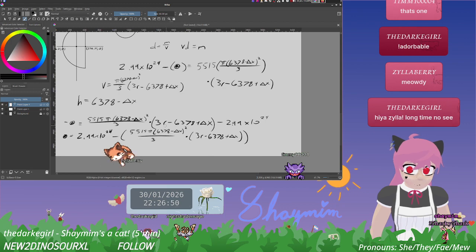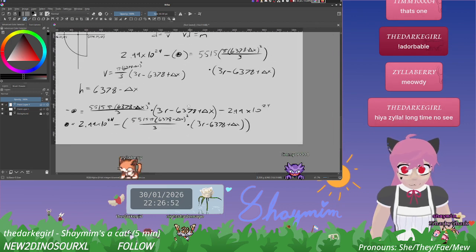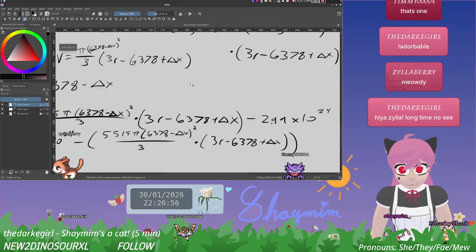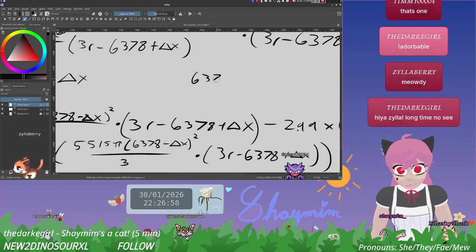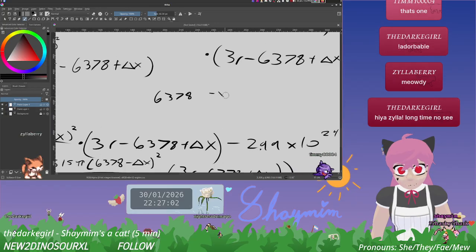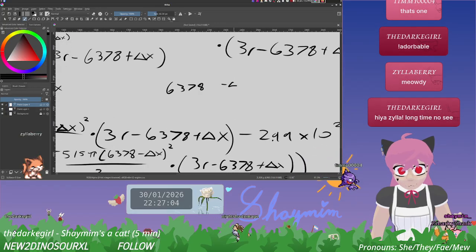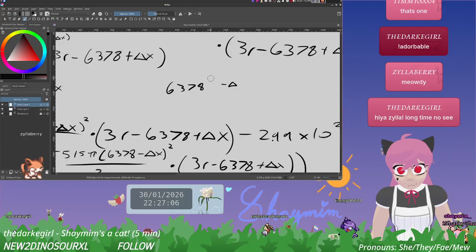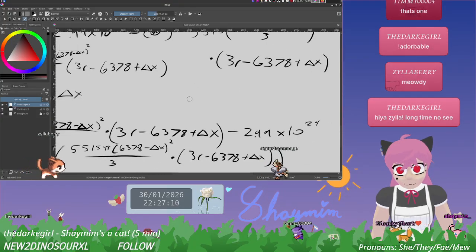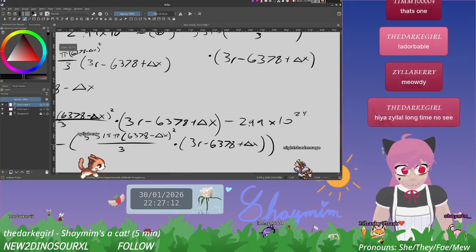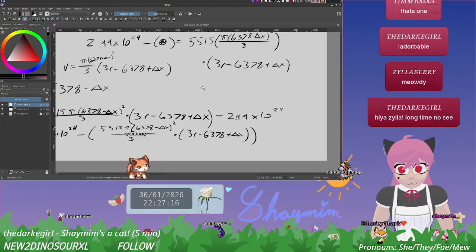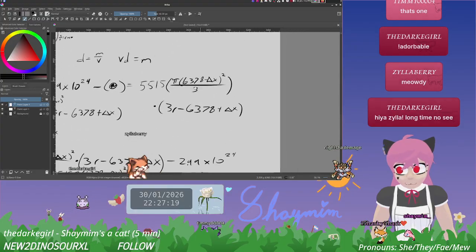I guess I can expand things just so I can then simplify. So 6378 and minus delta x. So I'll do that up here, right?